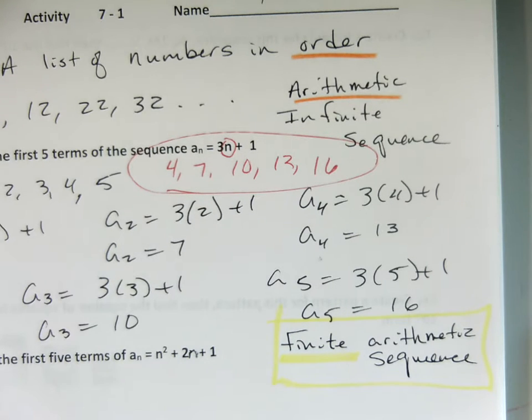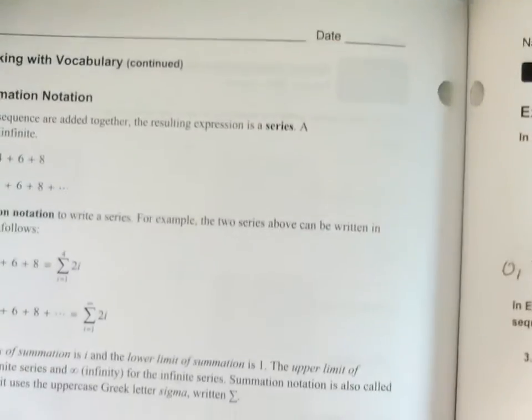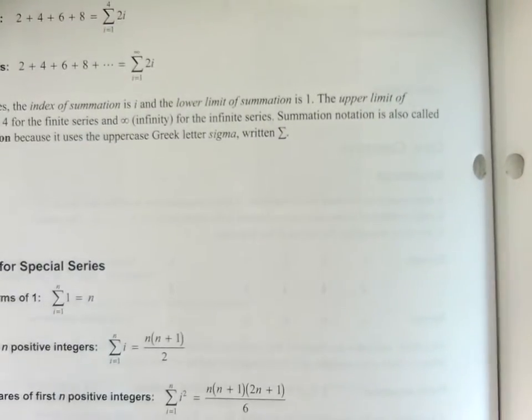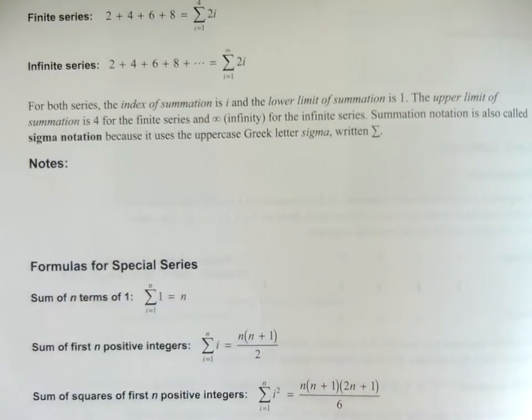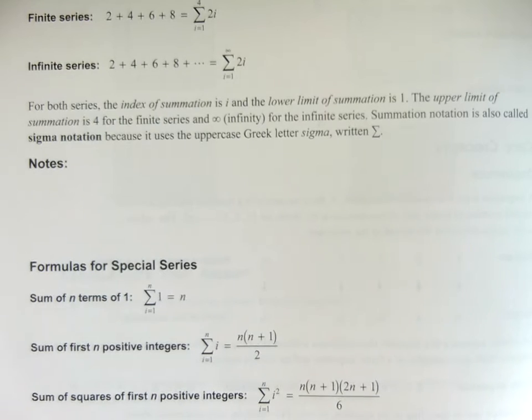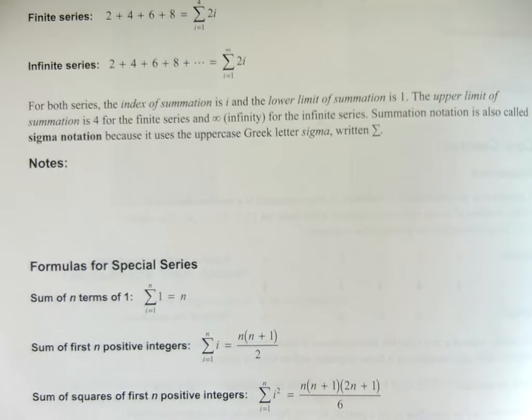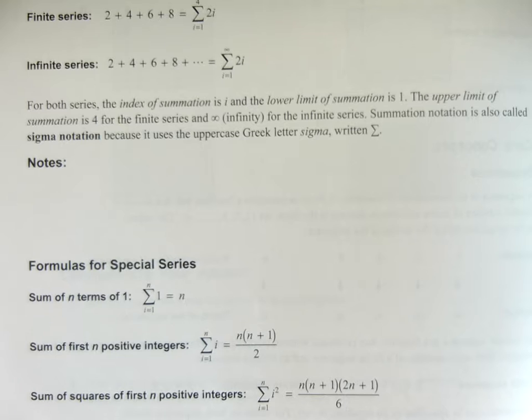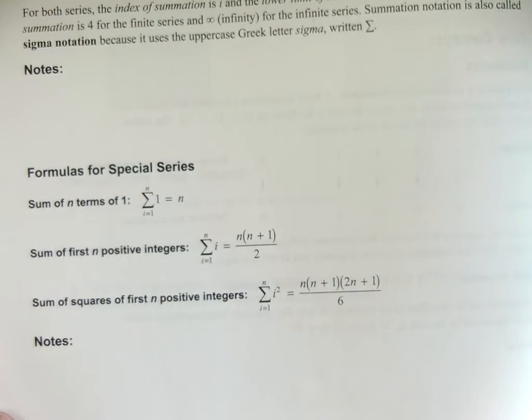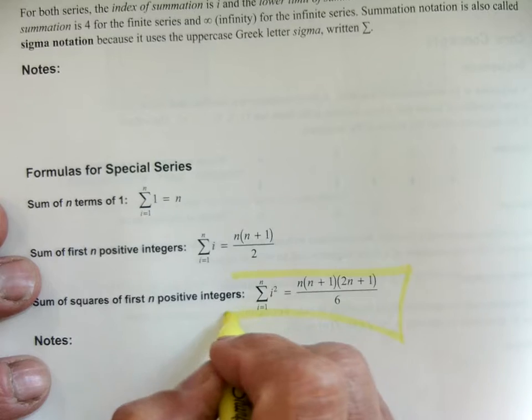Now, example 2. Let's see. I want you to go in your journal and let's take a look at these 3 formulas, okay? So there's 3 formulas in your journal on page 198. Okay, so go to page 198, and there's 3 formulas we want. The one I'm mostly concerned with for us is this one here.